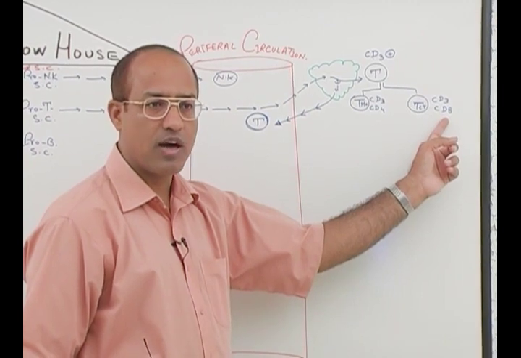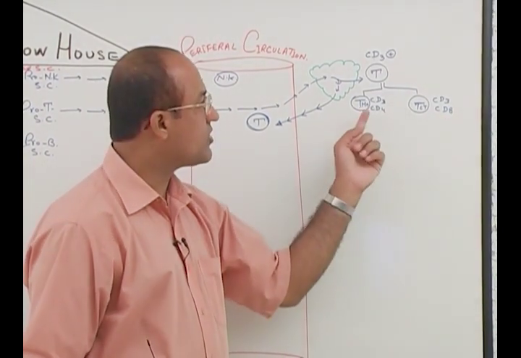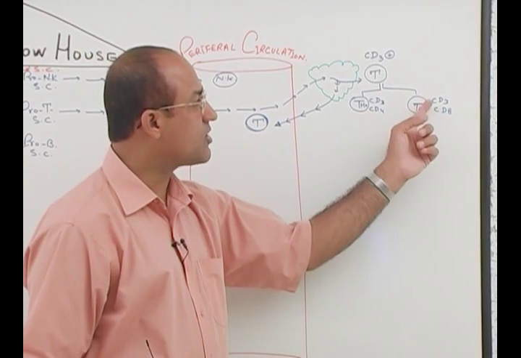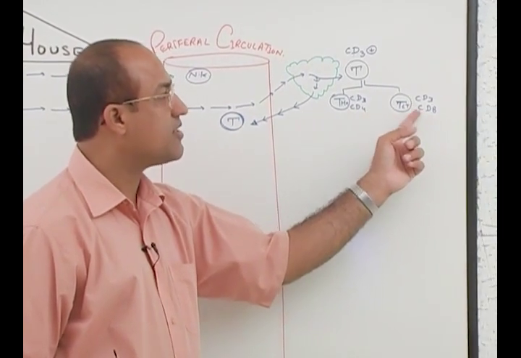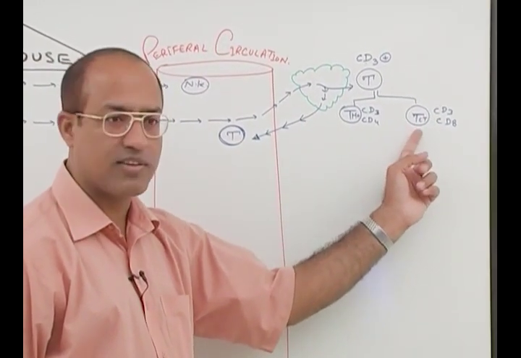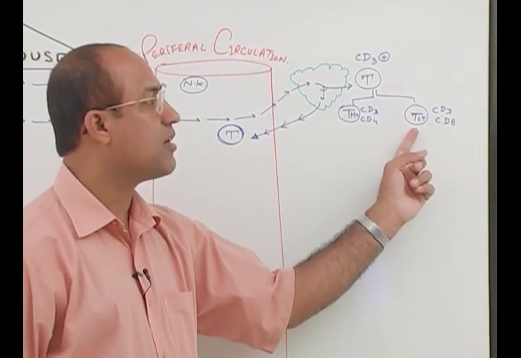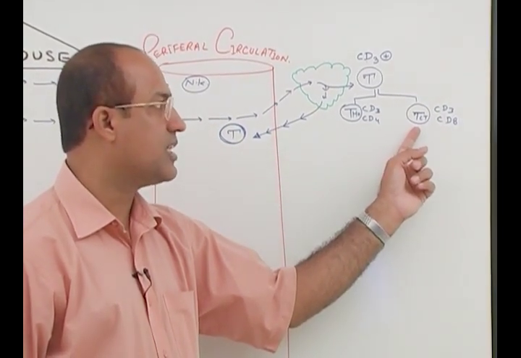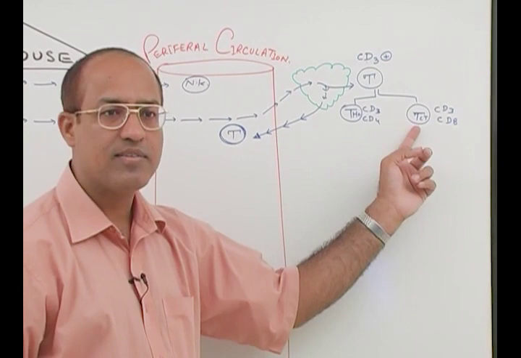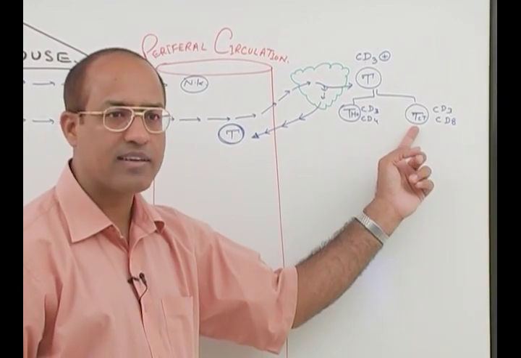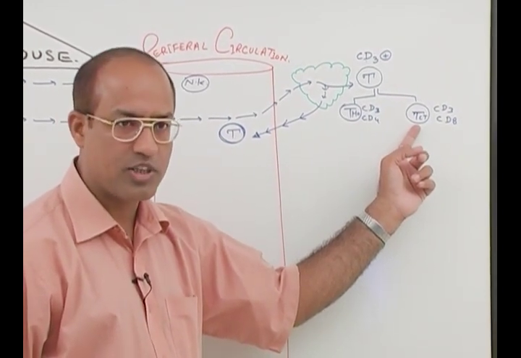Is that right? Now what really happens is that when CD3 and CD8 are both present, these are called CD8 positive T cells. We will talk in future in immunology about how these cells act as cytotoxic cells, CD8 positive cells.